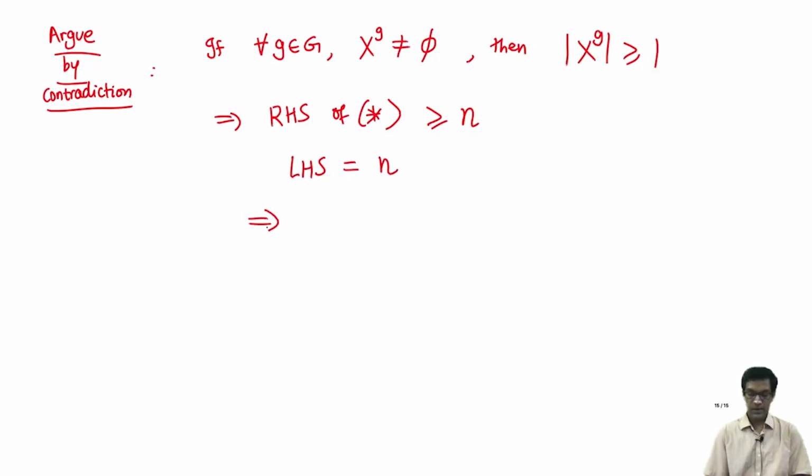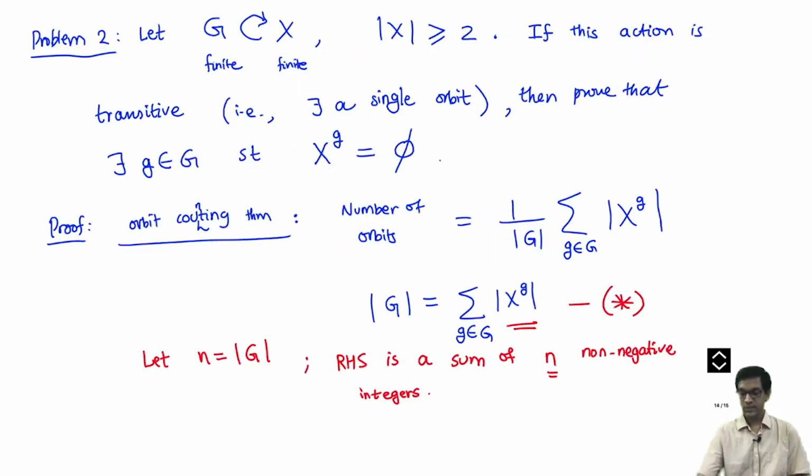Now what does that mean? It means that every summand on the right hand side has to be exactly 1. That's the only way in which this equation can possibly hold. I hope this argument is okay.